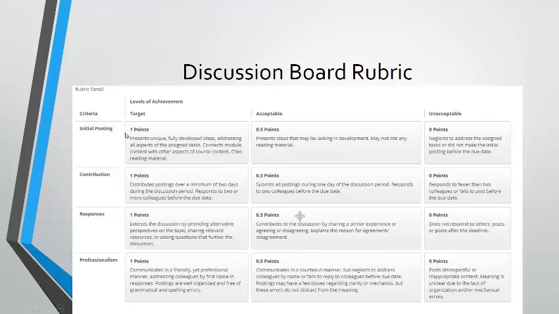So you're going to be asked to make an initial post. This is responding to the question. So to get the full 1 point, you present unique, fully developed ideas addressing all aspects of the assigned tasks. You connect the module content with other aspects of the course content, and you're going to cite the material you read.